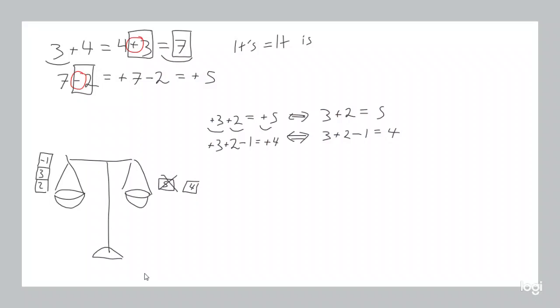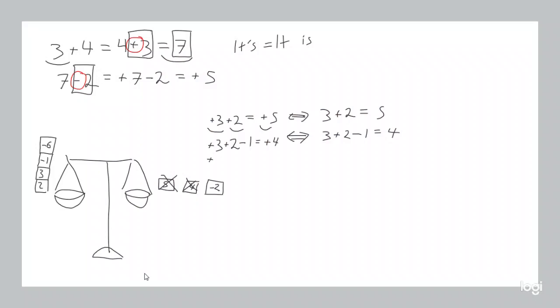Now if we add enough of these negative weights, the scale will actually start to tilt in the other direction if we don't balance things. So, let's say we throw on a negative 6. Well now, to balance that scale, what we'll have to put here is a negative 2.